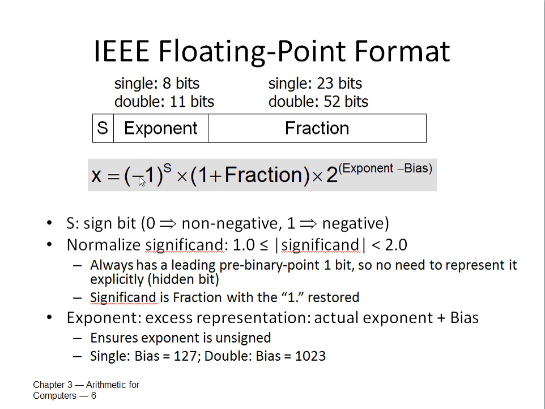And then the sign is pretty standard. Now this format, -1 to the s, is defined because we wanted to have 1 mean negative. Because in all of our other number standards, a leading 1 always meant it was negative, like 2's complement signed integers, so on and so forth. Leading 1 means negative.